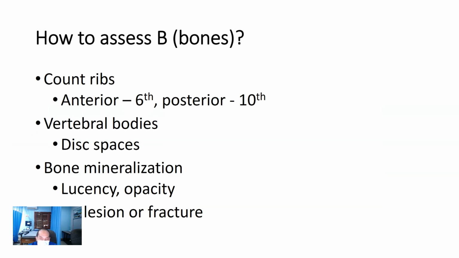And if we count the posterior ribs, the tenth should cross the mid hemithorax. And after that, we look at the vertebral disc space and look at the bone mineralization to see any opacity, lucent lesion, or fracture.